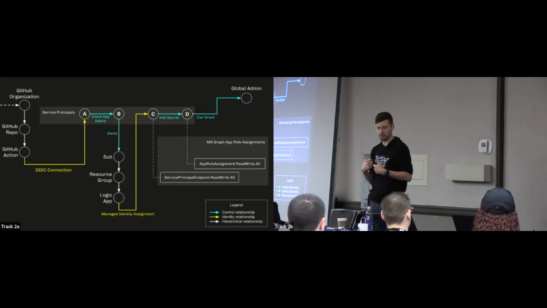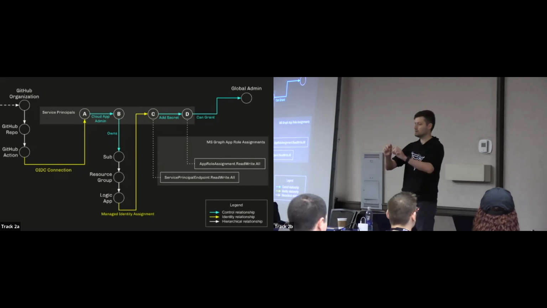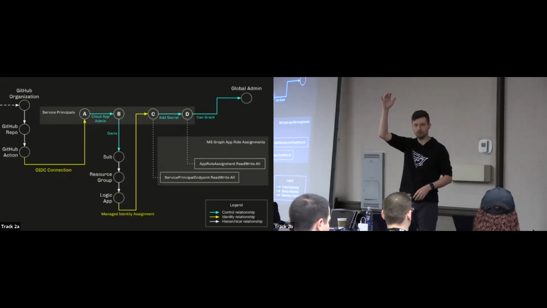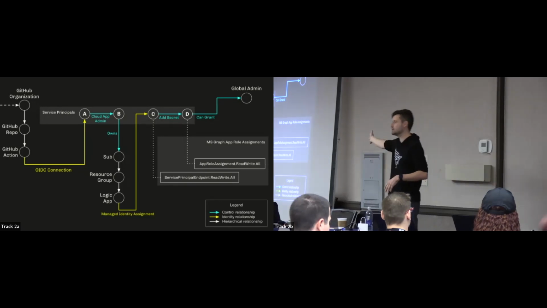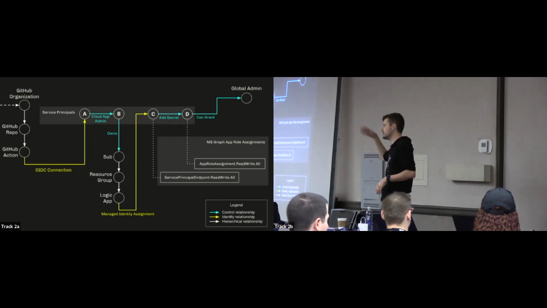So maybe you're doing this with ADFS, maybe you're doing this with Azure Active Directory Sync. But those explicit trust relationships in Azure have to be created with the highest level of privilege.